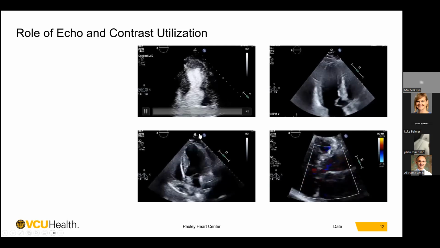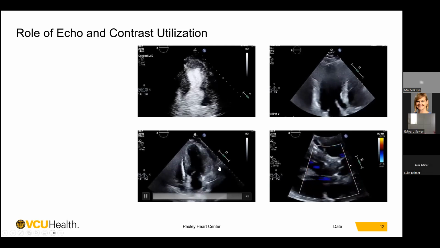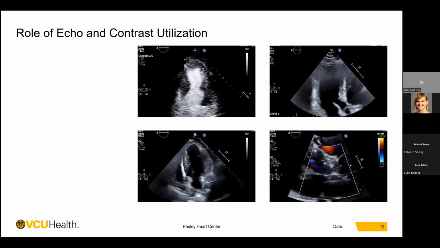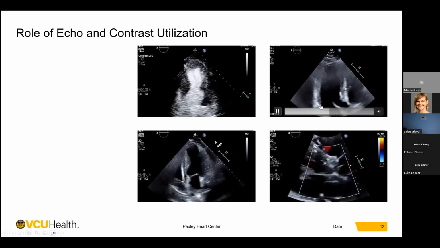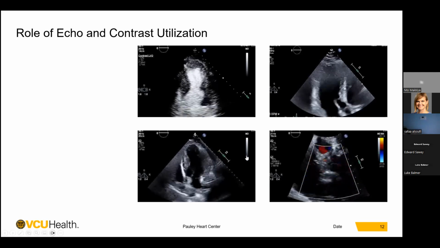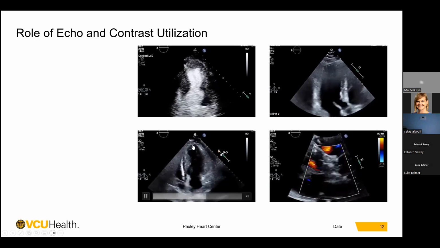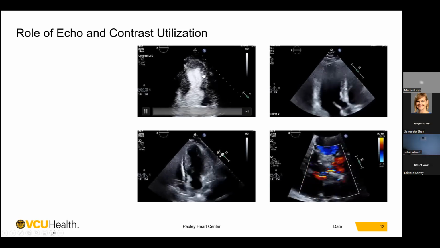One thing to mention about echo is that sometimes you have limitations seeing the apex of the LV due to the artifacts that you get from the rib and the chest fascia. Always make a habit of using echo contrast in diagnosing apical hypertrophy, as you can miss it if you don't use apical contrast.